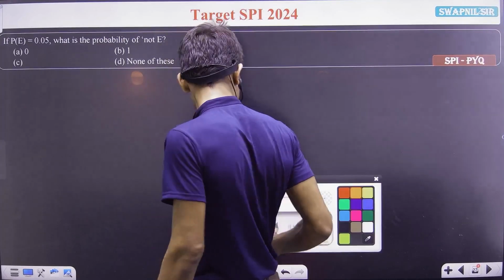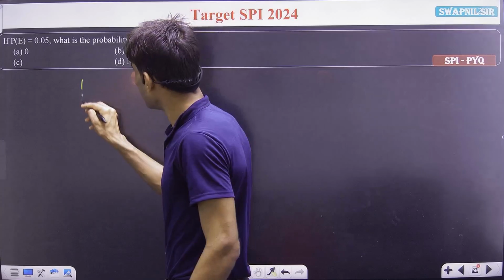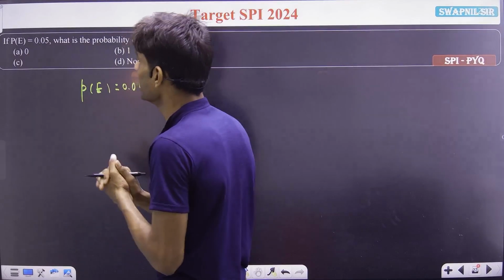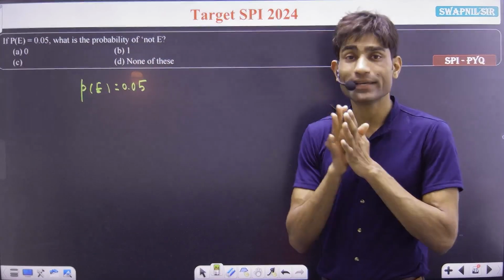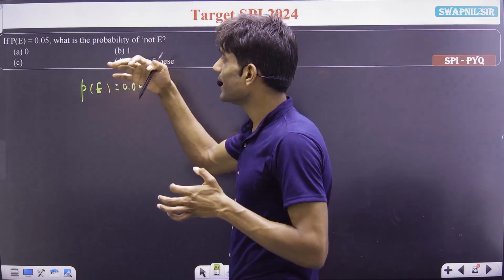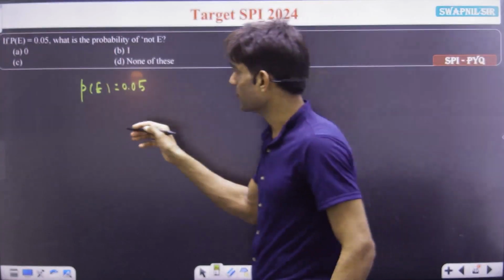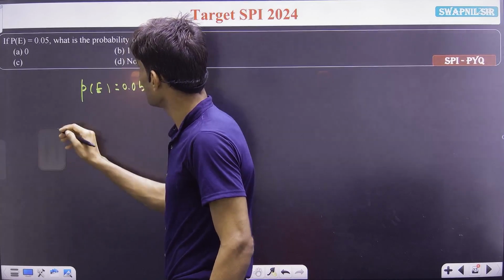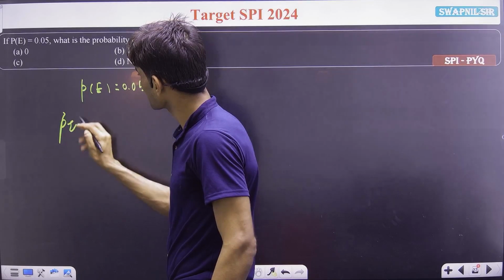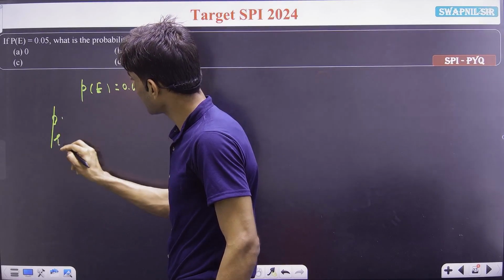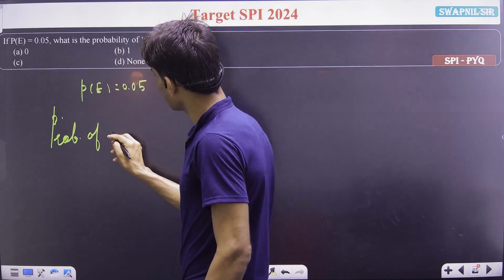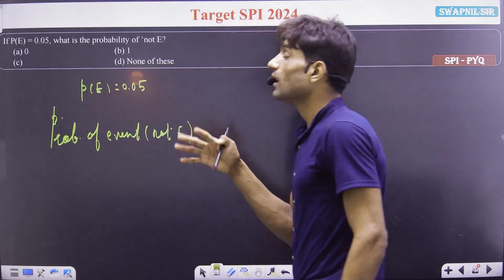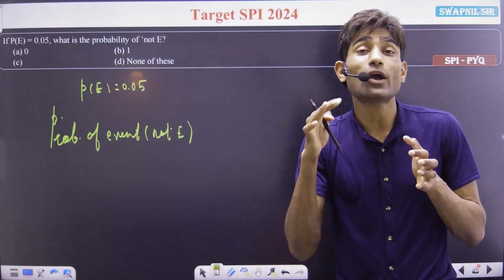Let me write it: the probability of event E is given as 0.05. And we want the probability of event not E. That means the probability of event not E is the probability of event E complement.